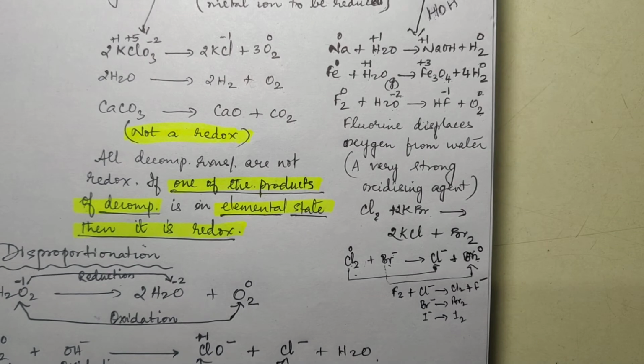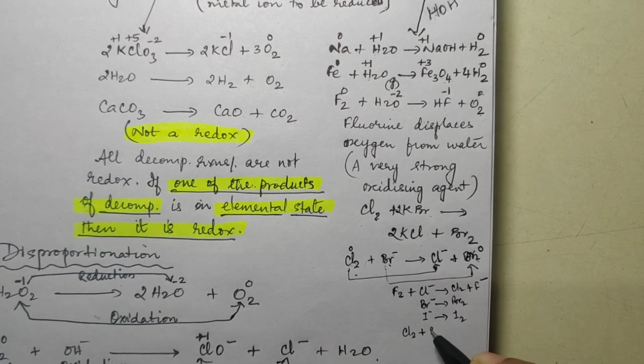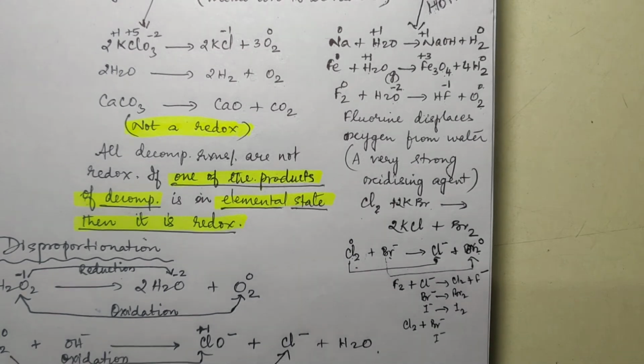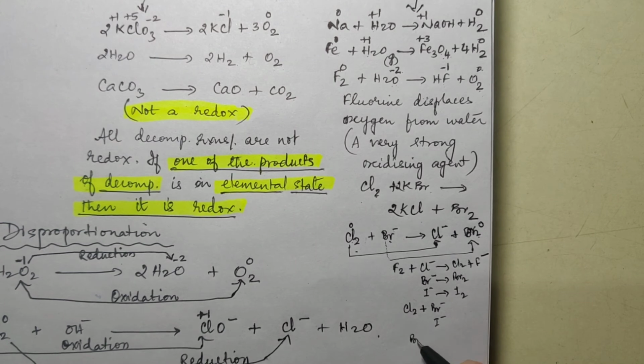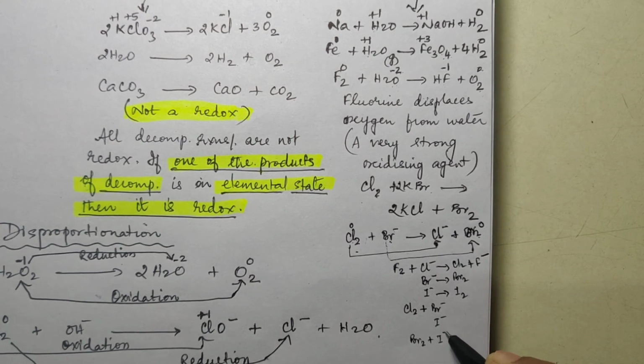Same way, if you take Cl2, this will oxidize Br minus to Br2, I minus to I2. Same way, Br2 will oxidize I minus to I2.